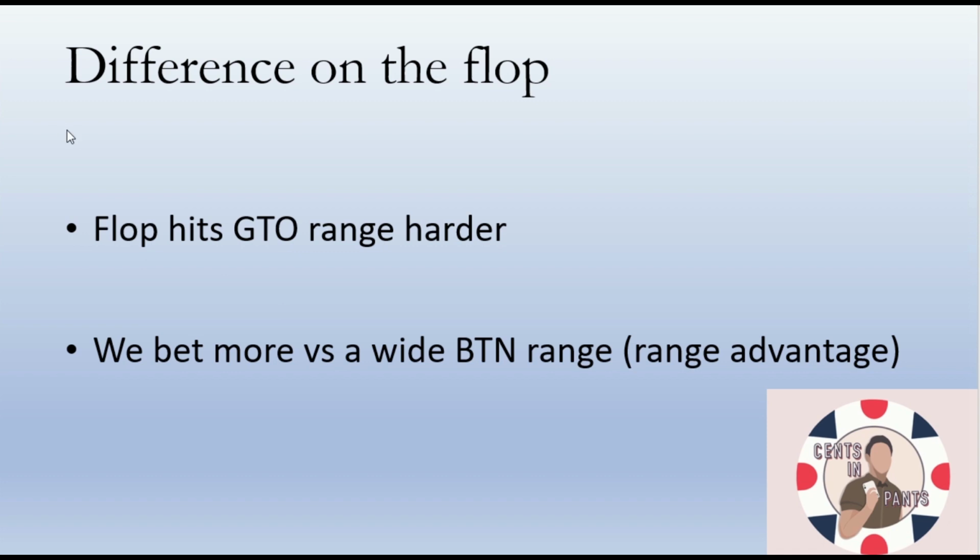Basically, the flop hits the GTO range harder because GTO's range has more broadways, and because of that, we can actually bet a wider range against the button because we have a larger range advantage.